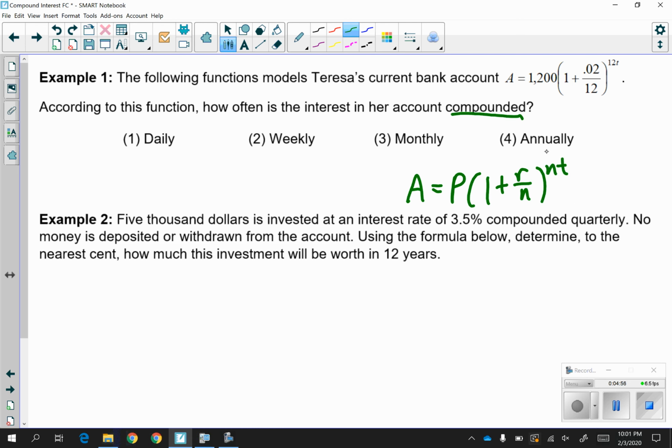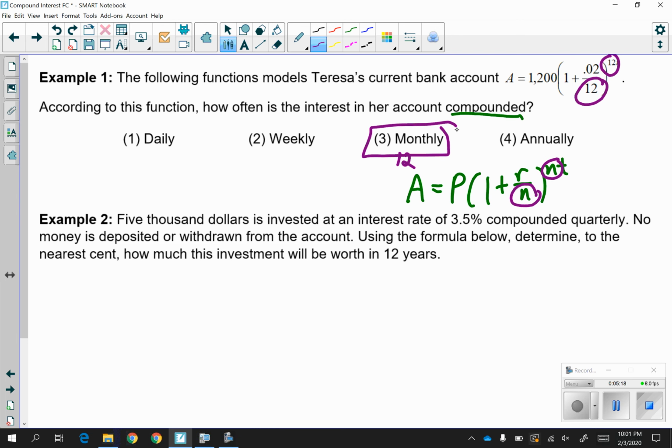We're talking about how many times it is compounded, so we're specifically looking at the value of n. In this case, you could find it in two places. You're compounding 12 times a year, and there are 12 months in a year. So this is compounded monthly.